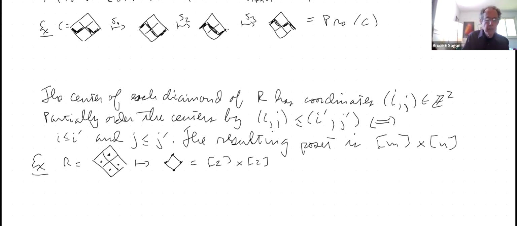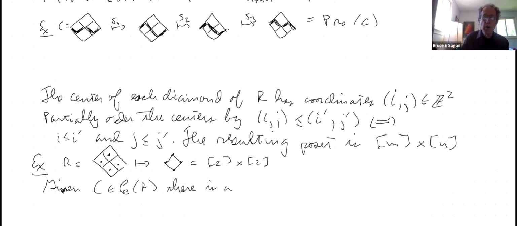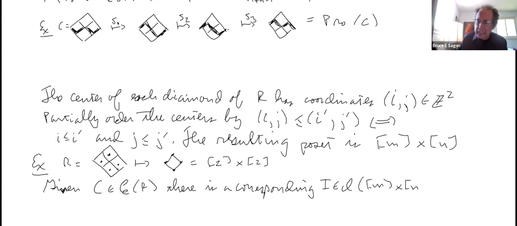Given one of these, and this is also why we wrote the R in this weird left to right manner, given a chain in R, there is a corresponding ideal in the ideals of my m by n poset, and you get this ideal in the simplest possible way.